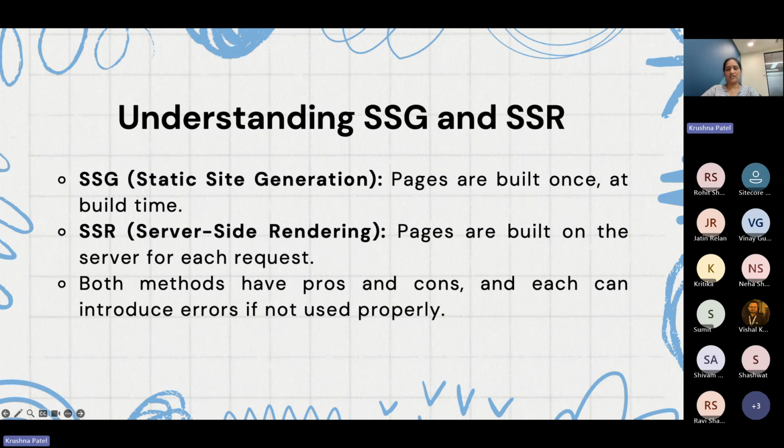That makes SSR a little bit slower than SSG, but for dynamic content or real-time interaction, the SSR method is used. An e-commerce site is a perfect example for the SSR method.